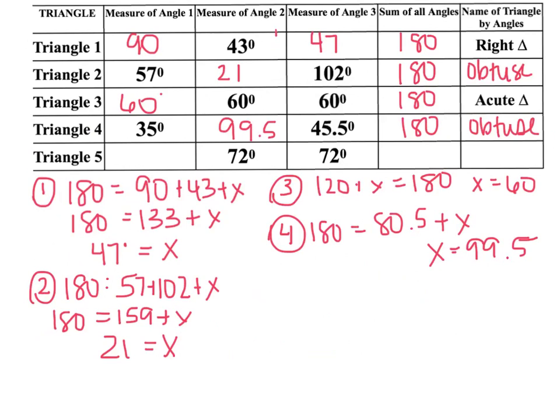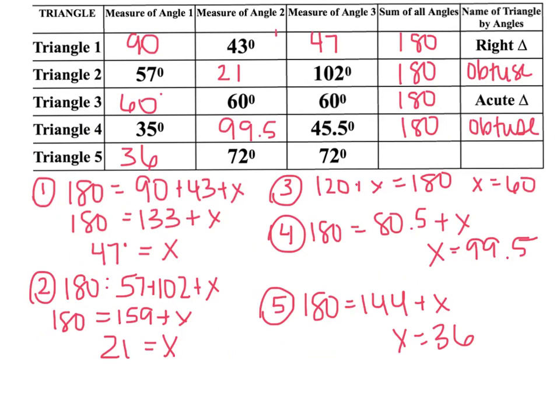And now we're going to look at number 5. 72 plus 72 is 144. So 180 equals 144 plus x. X is going to be 36. And if you look, all of these angles are less than 90, so it's going to be acute.